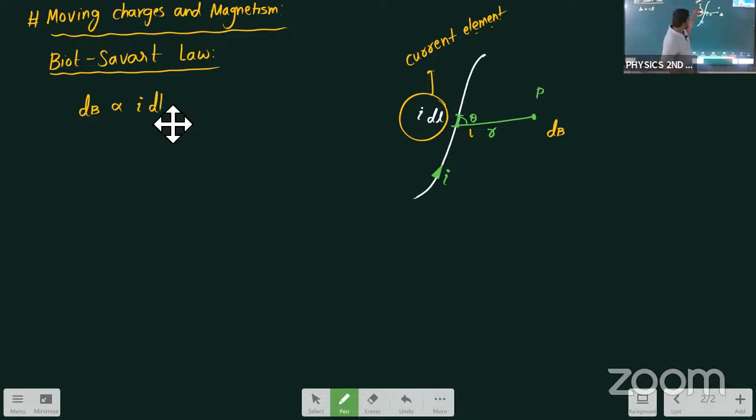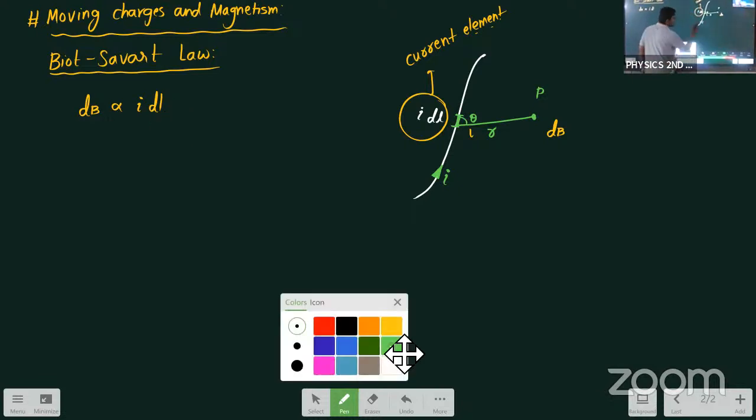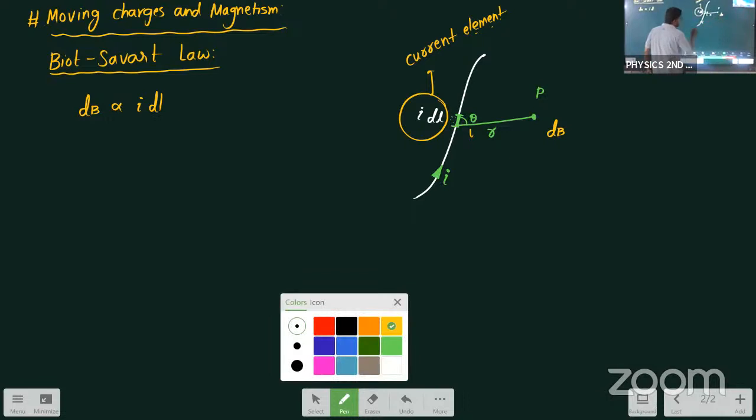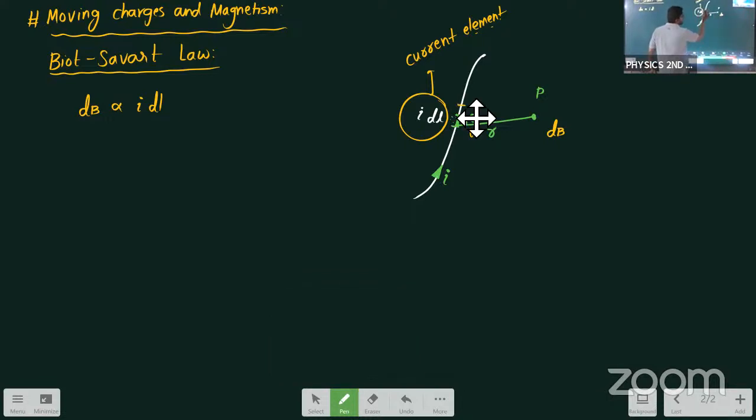Assume that I have taken only this small length element, from here to here. Only this few number of electrons will be flowing through this region, so due to that a magnetic field will be created. Assume that I have increased the length element from this position to this position.